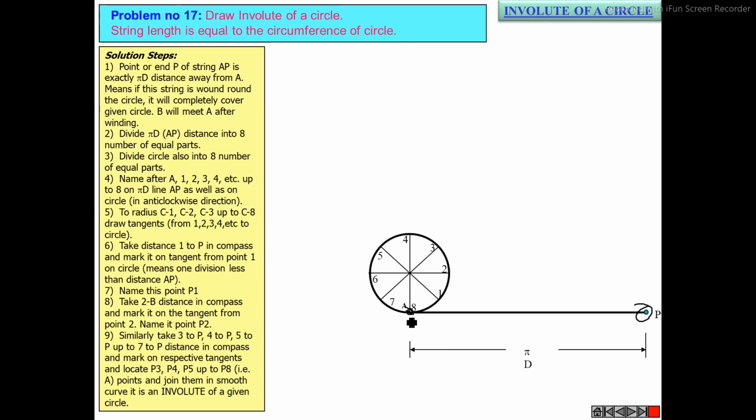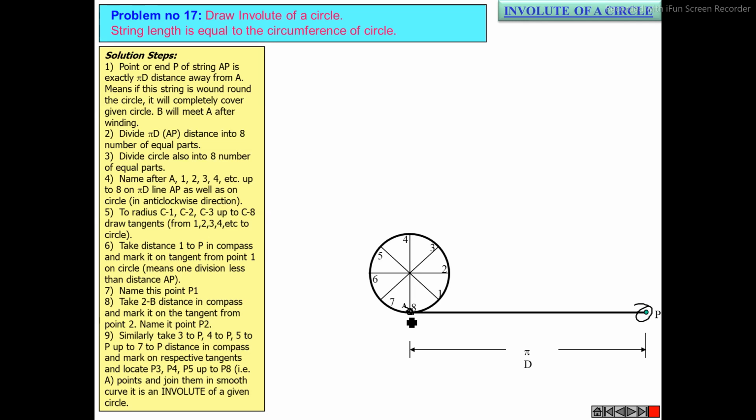Why? Because you have divided your circle into 8 equal parts. So that's why you need to divide the given string length, which is equal to the circumferential length 2 pi r or pi d, again into 8 equal parts.